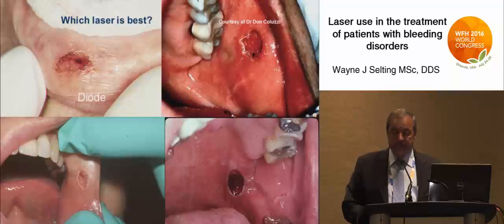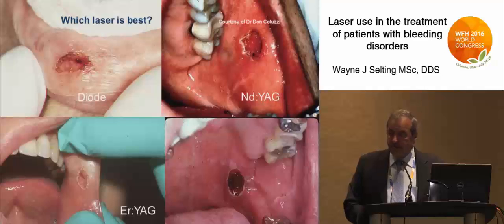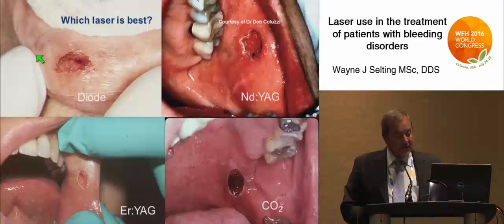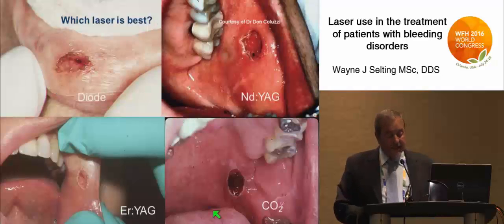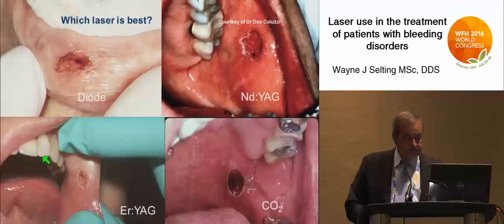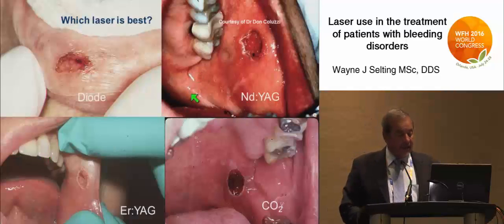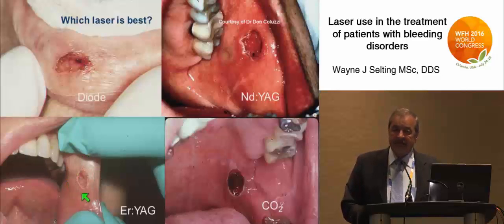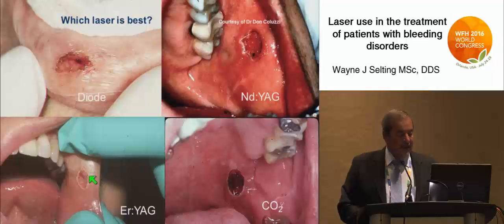So the question becomes, which one of them is best? These are 4 fibromas. That one was removed with a diode, that with an Nd:YAG, an erbium YAG, and a CO2. Obviously, they all did a decent job of removing it, and if I asked you which is the one that was best, you might immediately look at the erbium YAG and say, wow, that is nice and clean, there's no carbonization, the tissue looks healthy.